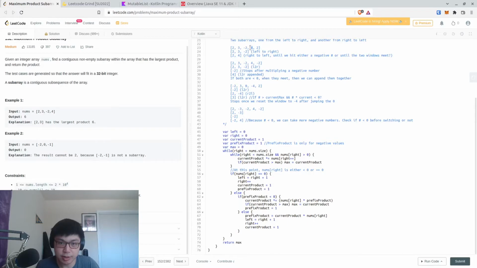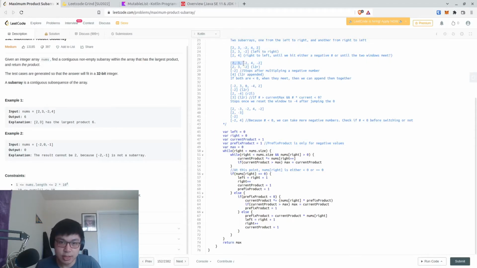And we move our right as well. And then we continue on from there, and we set our current product back to 1. And then this number is greater than 0, so we do 4, and then 2, which is 8. And then we've hit the end, and well, 8 is greater than the 6 that we had before, so we return 8.